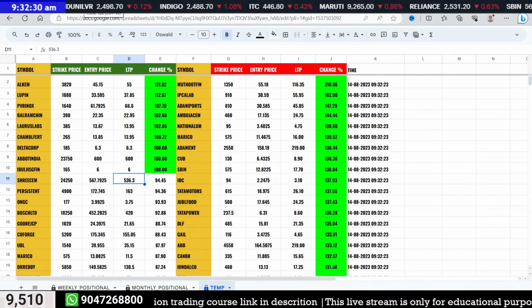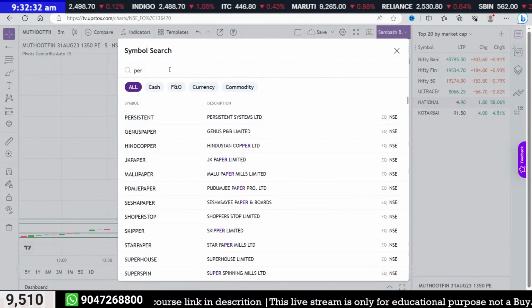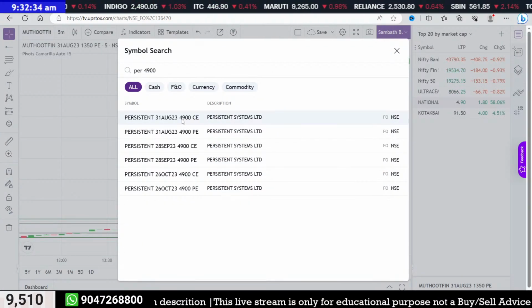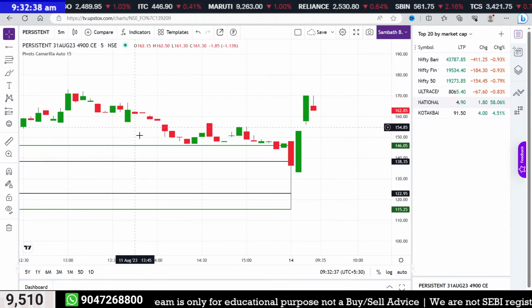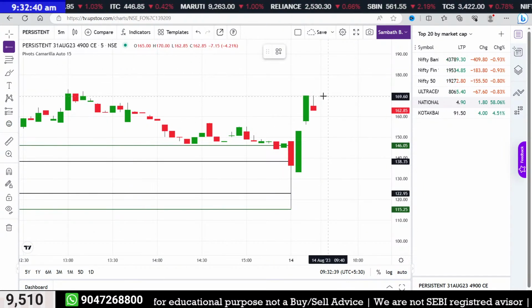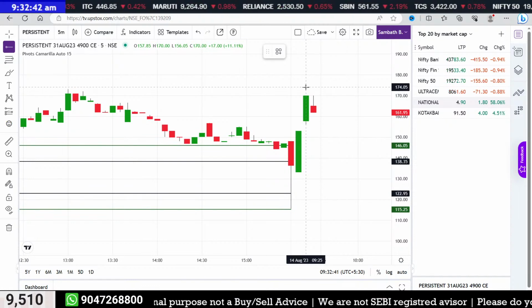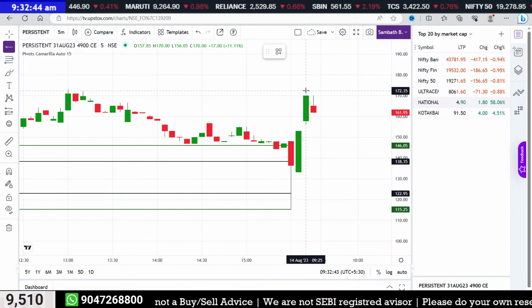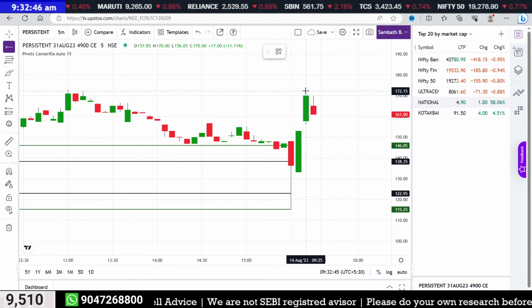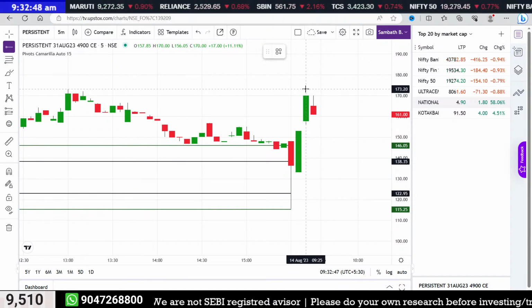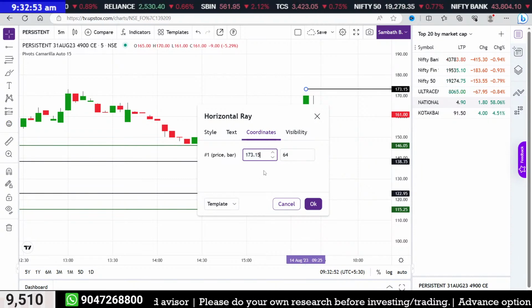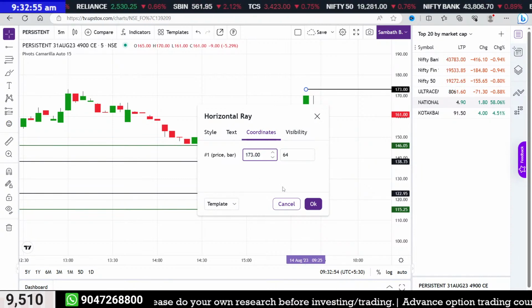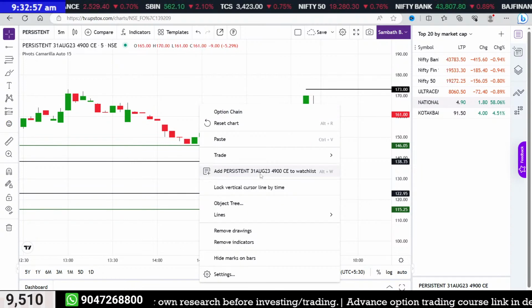That one is strike price Persistence 4900. Maybe 173 and we can look for a first breakout. Maybe so we can add this one on our watch list.